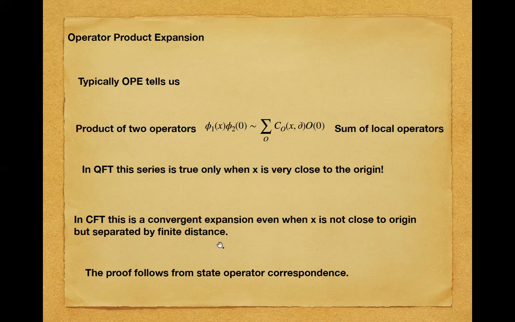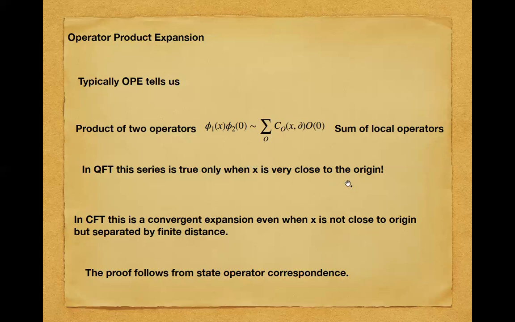But it turns out that in CFT, this is convergent even when x is not close to the origin, but separated by some finite distance. Okay, we will see what exactly is the condition when this operator product expansion converges. But the non-trivial claim is that in CFT, this sum is convergent even when the two operators are finitely separated from each other.